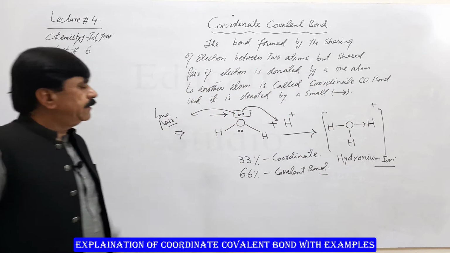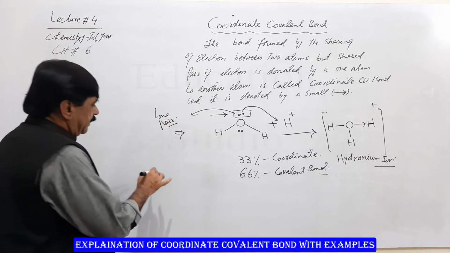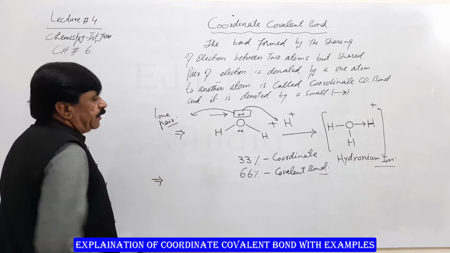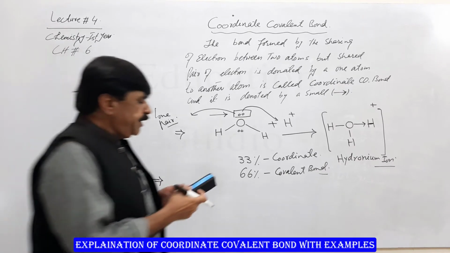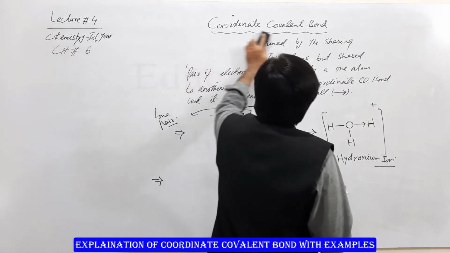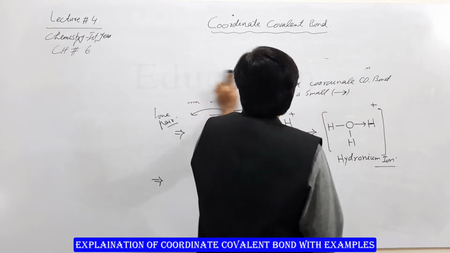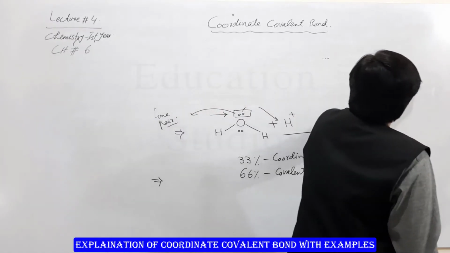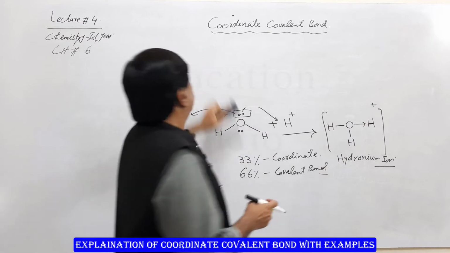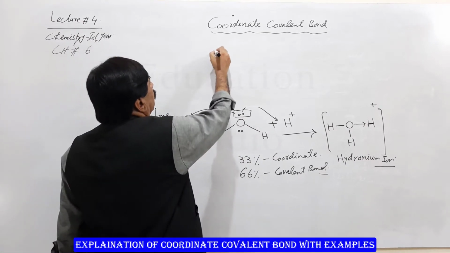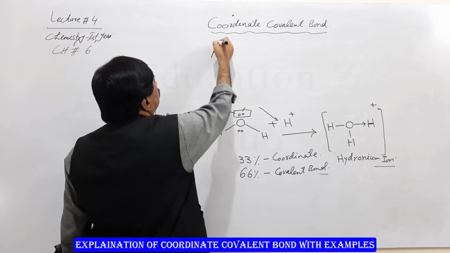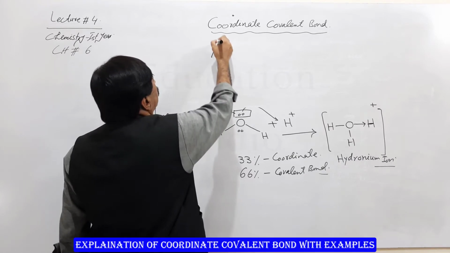Another example is ammonia and BF3. Students, nitrogen is the central atom in ammonia.